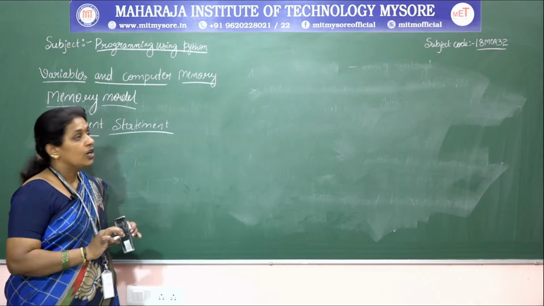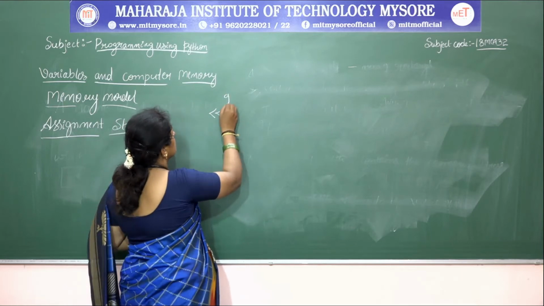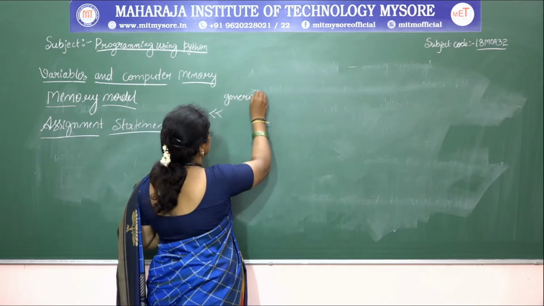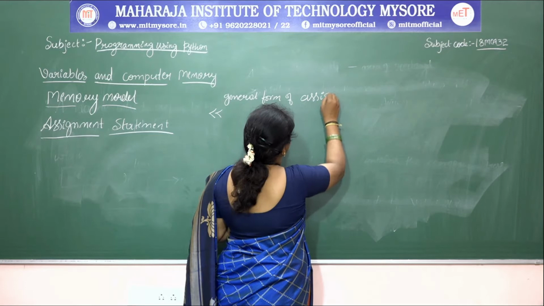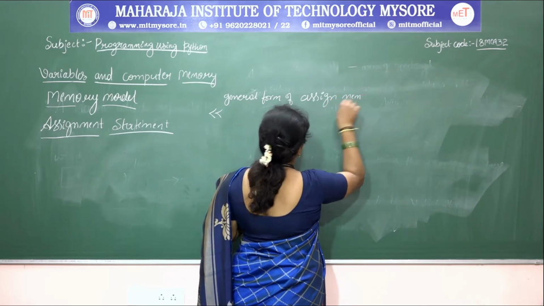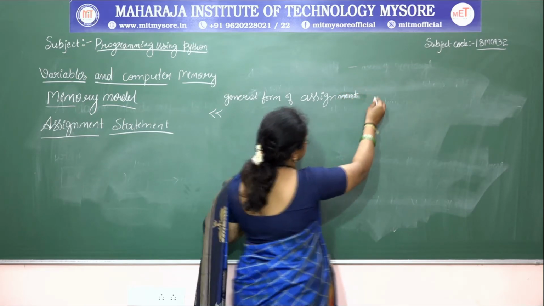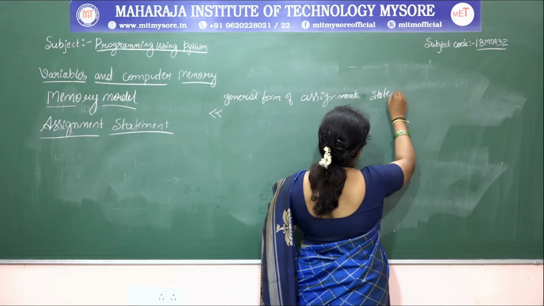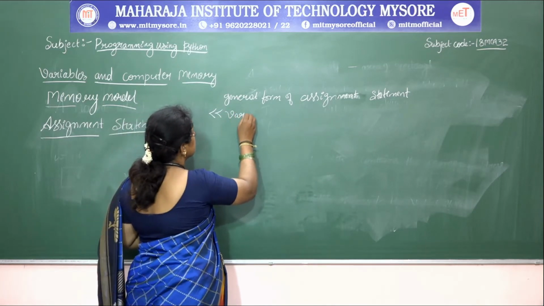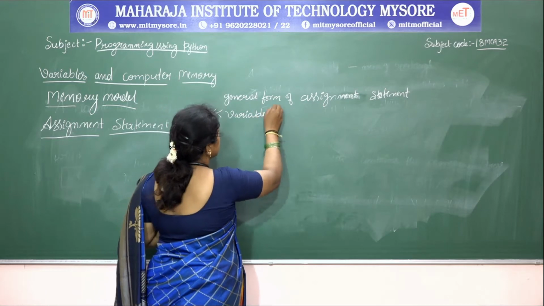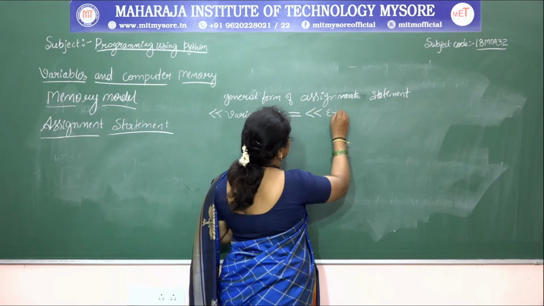The general form of an assignment statement is: variable, equal sign, then expression.